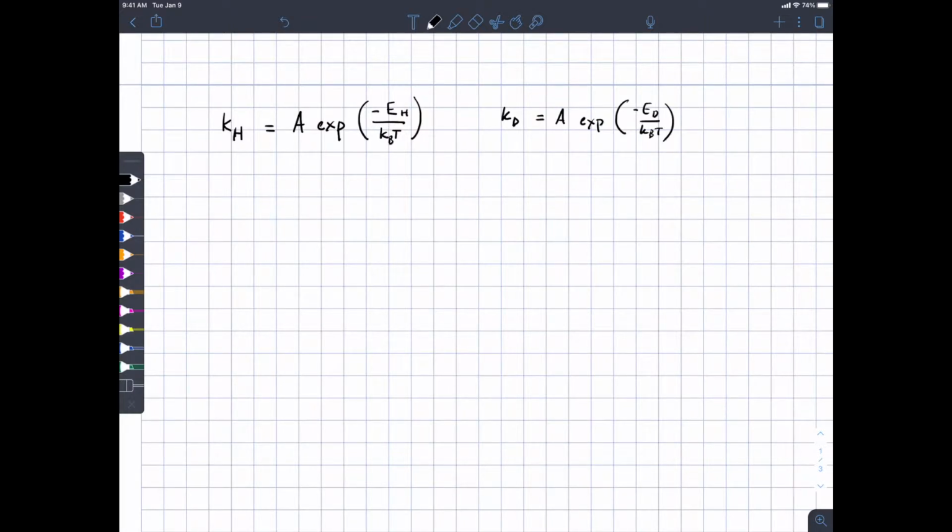So now with a little bit of logarithmic properties, we can see that the ratio, the kinetic isotope effect, the ratio between the rate constant for hydrogen versus deuterium, is equal to the exponential of minus the activation energy for hydrogen divided by k_B times temperature, and then we'll do the same thing on the bottom, but for deuterium.